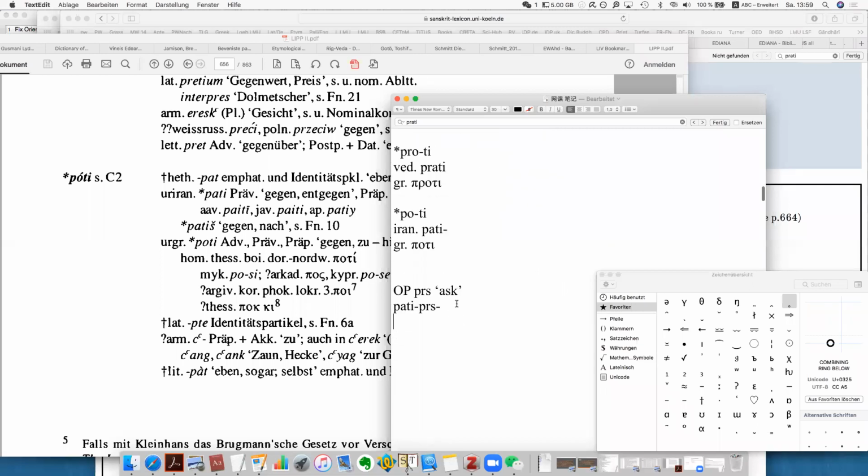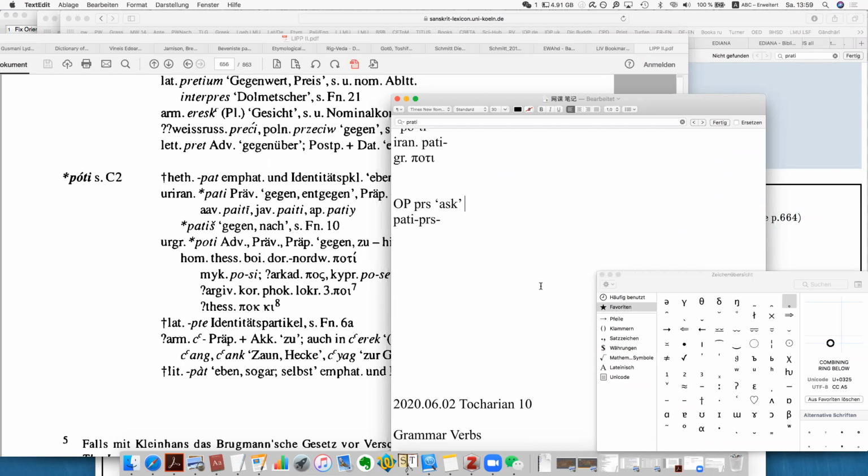And then ask: what is the meaning of ask? You want to get information from the others, right? And if you use prati, it expresses the opposite meaning, the reciprocal meaning.